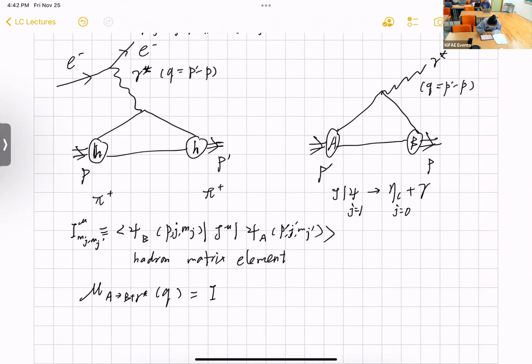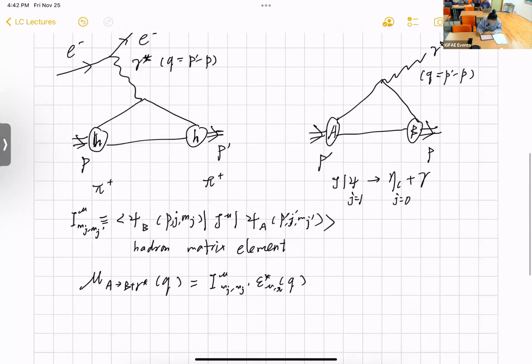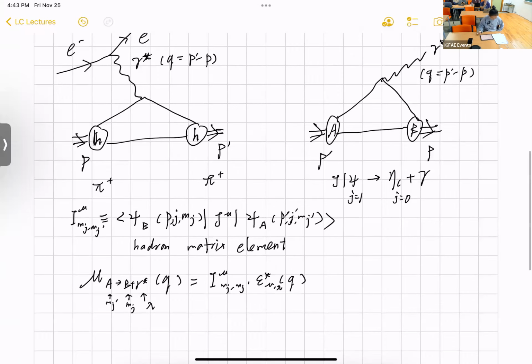So what I need to do is just contract this I^μ hadron matrix element with the polarization vector of the virtual photon. Of course, the photon could carry its own spin, that's called lambda. And so this M also has the information of the spin of each particle. Okay, I just did not write it out explicitly.